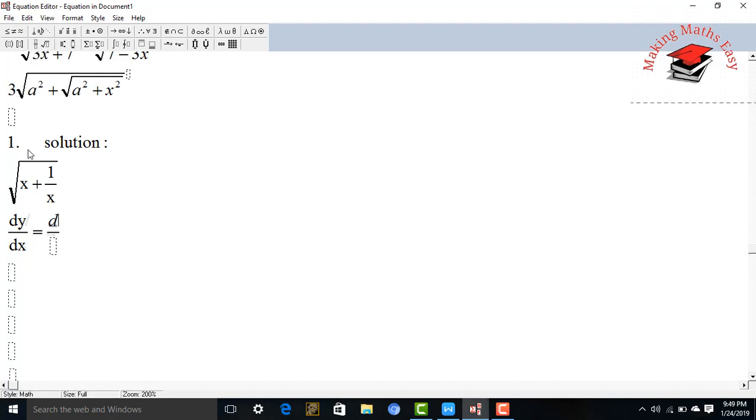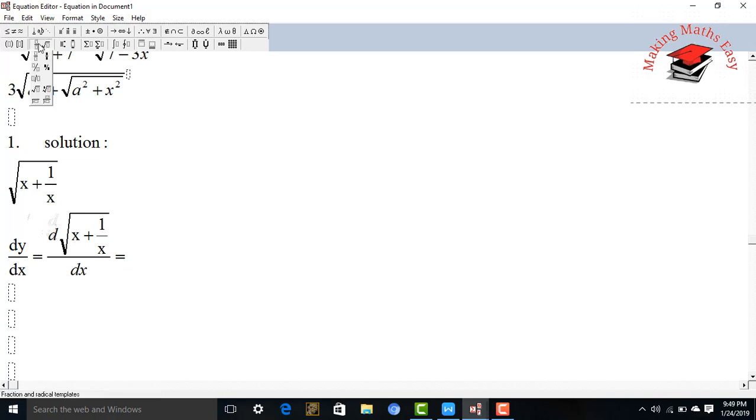First of all, we have to rearrange it in the form of a power. So take the power first. We can write the function as d upon dx of this particular function.